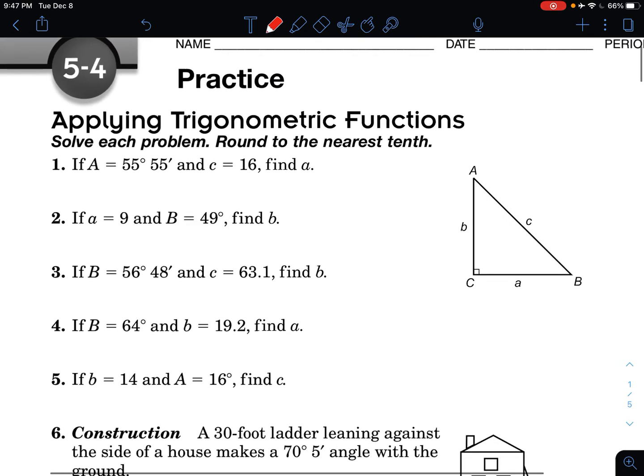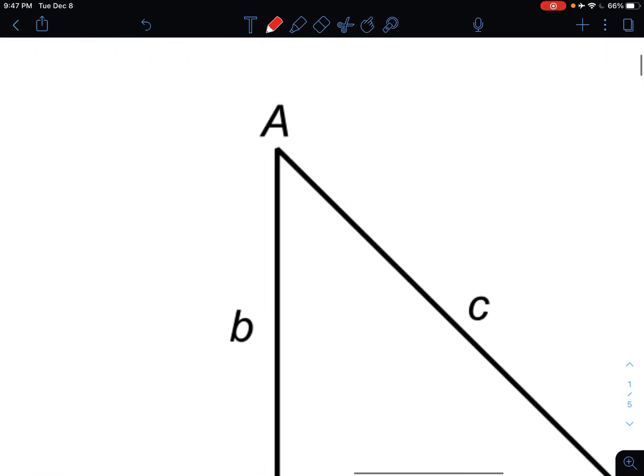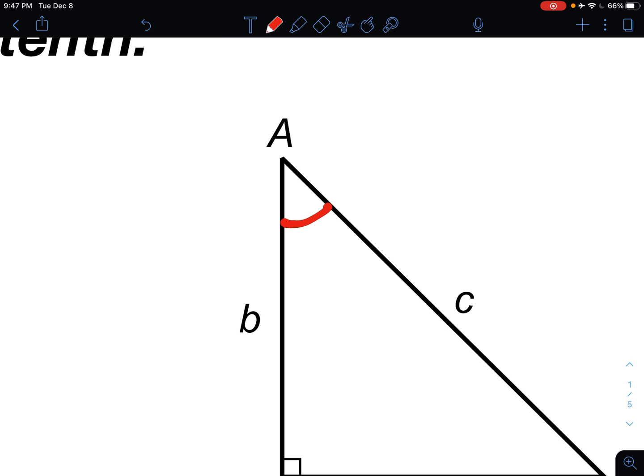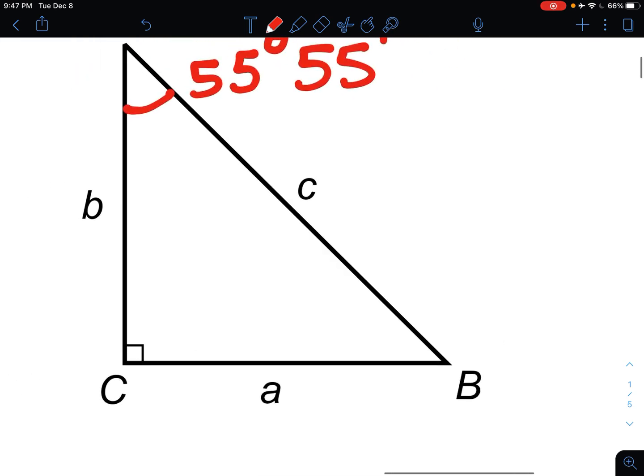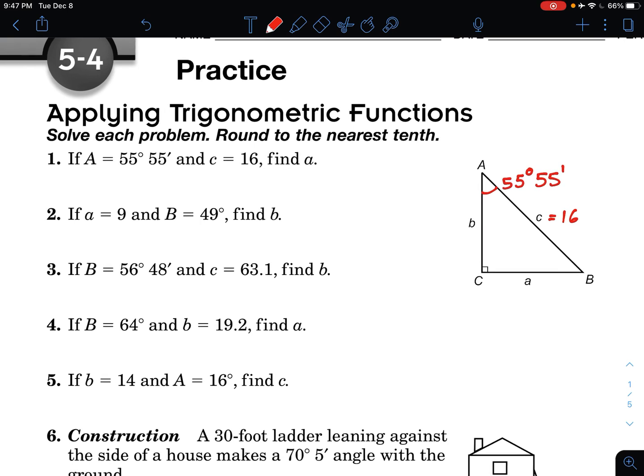So A is 55 degrees and 55 minutes. We're going to have to change that into decimal version. And we know that C equals 16, and that's the hypotenuse, so that'll be the longest side.